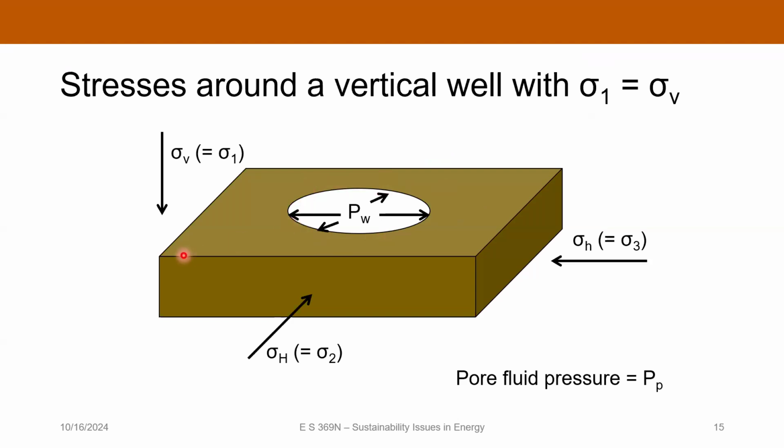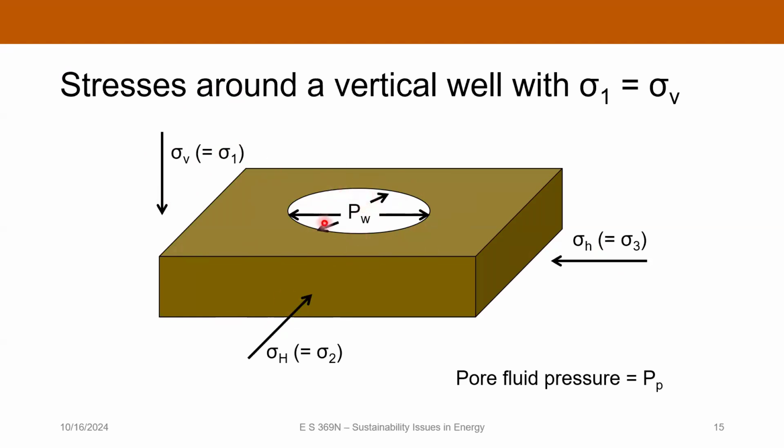If we imagine that the rock is an infinite elastic medium that we've put a cylindrical cavity in, then we can think about what the stresses are in the immediate vicinity of our borehole. So let's imagine we're drilling in a very typical setting where the maximum principal stress is vertical, and then we've got our two intermediate principal stresses.